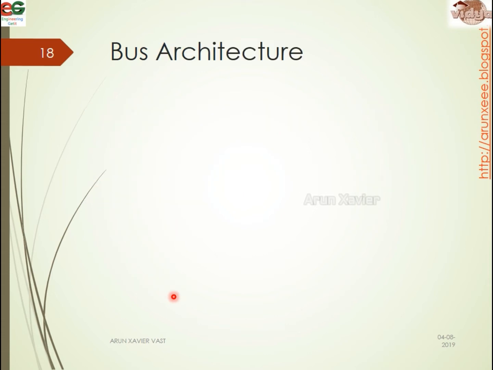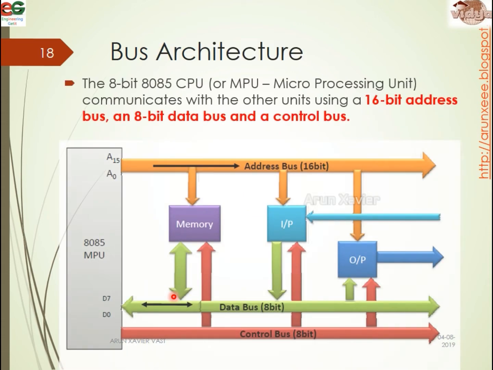So this is the bus architecture figure. You can see here an 8085 microprocessor, and this is our memory for storing data. Then this is one input section, and this is the output section. Here this is our address bus, and we are using an address bus of 16 bits, so it is written here A0 to A15.